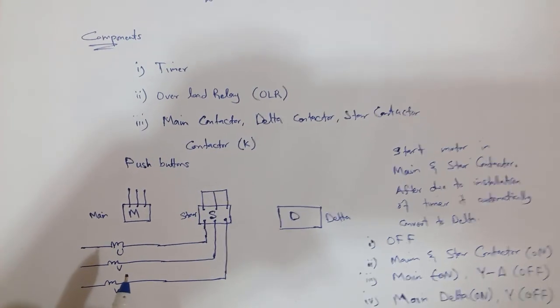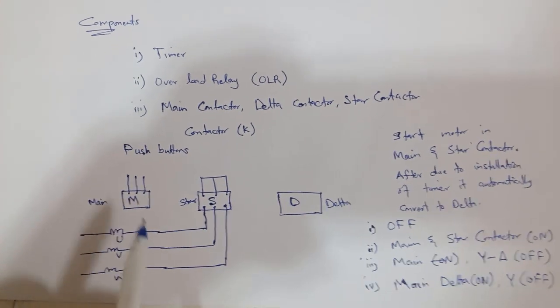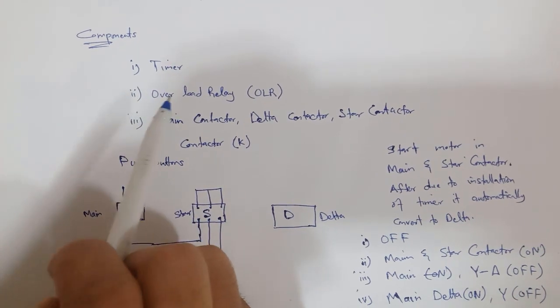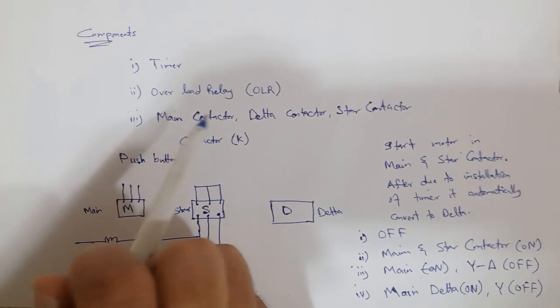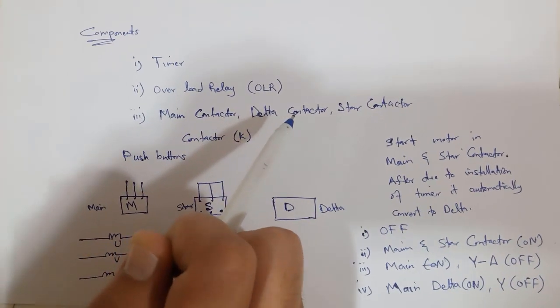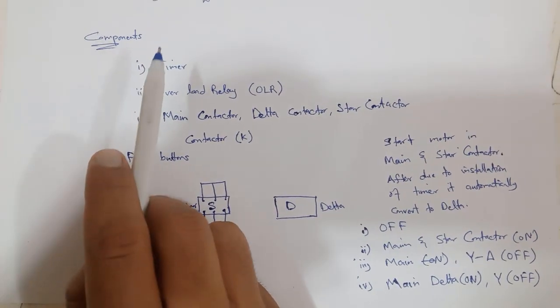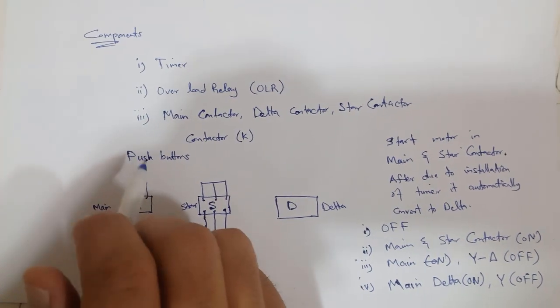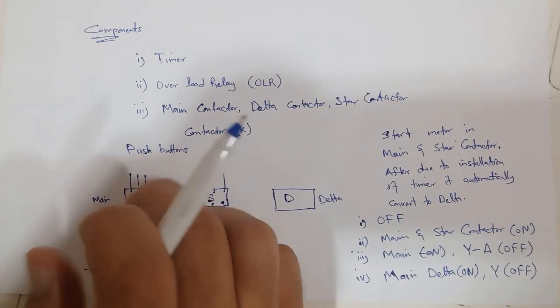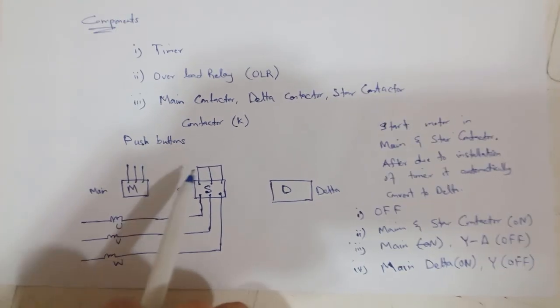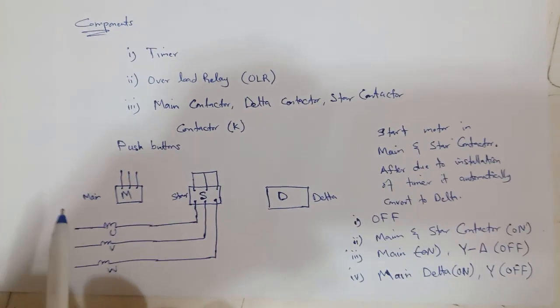Which components will we use in a star delta starter? The components are the timer, overload relay, main contactor, delta contactor and star contactor. Remaining, we will use push buttons for controlling, for on, off, etc. Here we have the main contactor, star contactor and delta contactor.